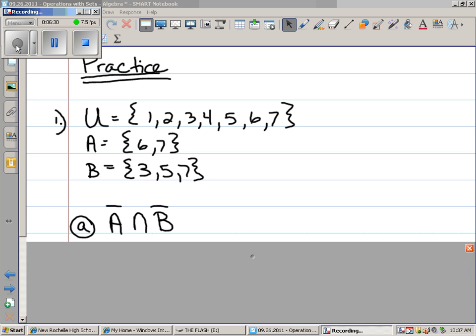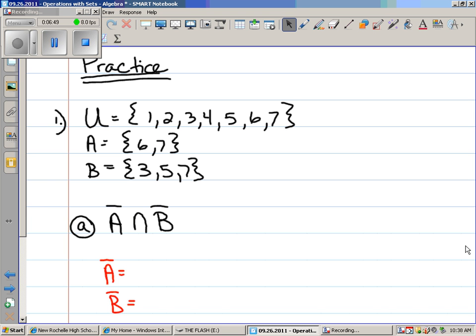So if that's the case, then what does the intersection of the complement of A and B look like? Here we go.